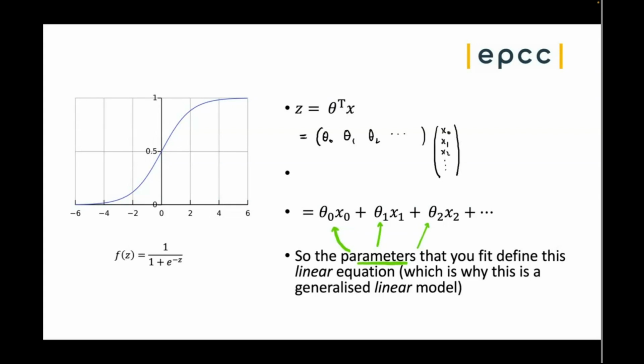Why are they still considered linear when they have this shape here? It's because z is a linear function of the parameters and the x's. That's not really too important, but what is important is how you calculate z from the parameters and the data points.